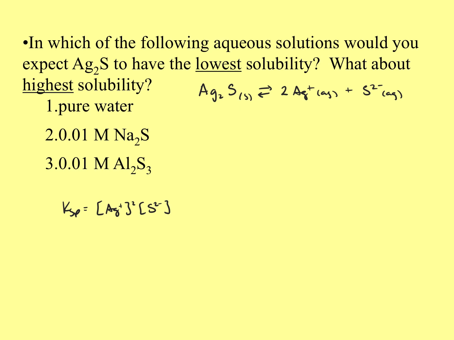Concentration will decrease. So if the value of this decreases and the value of this decreases, this means that Q will have to be less than K. And if Q is less than K, shift to product, so more will dissolve.